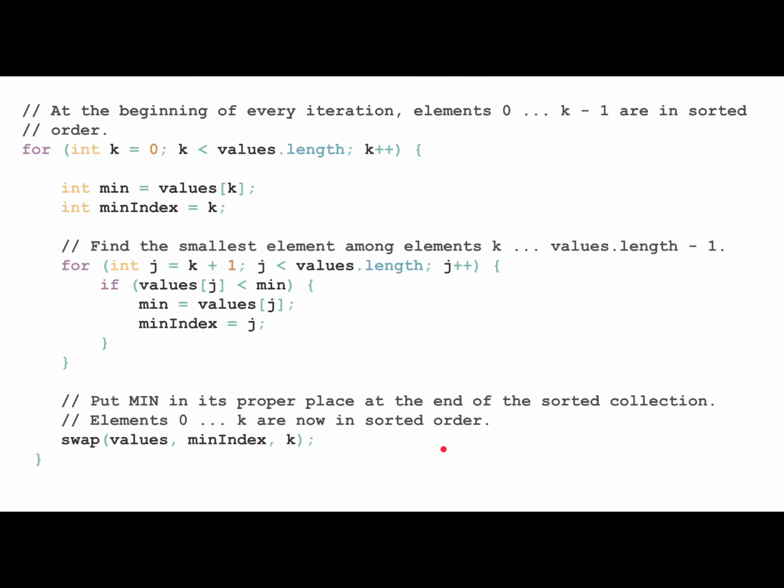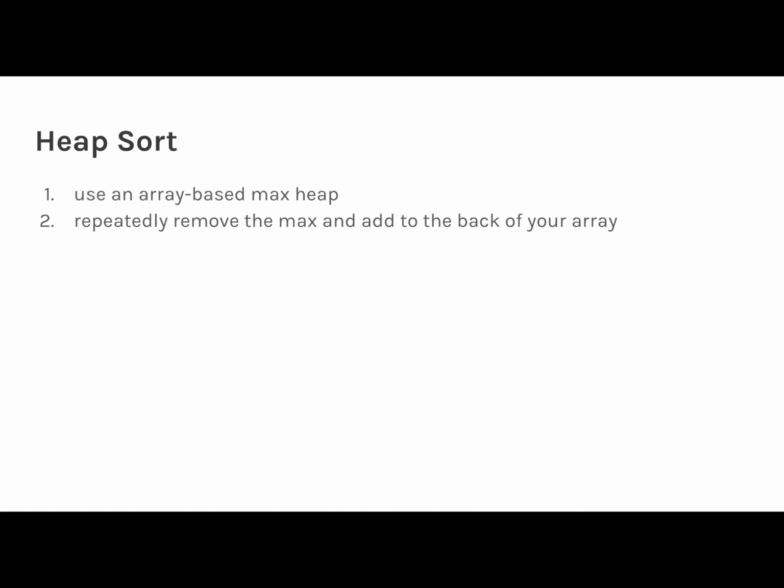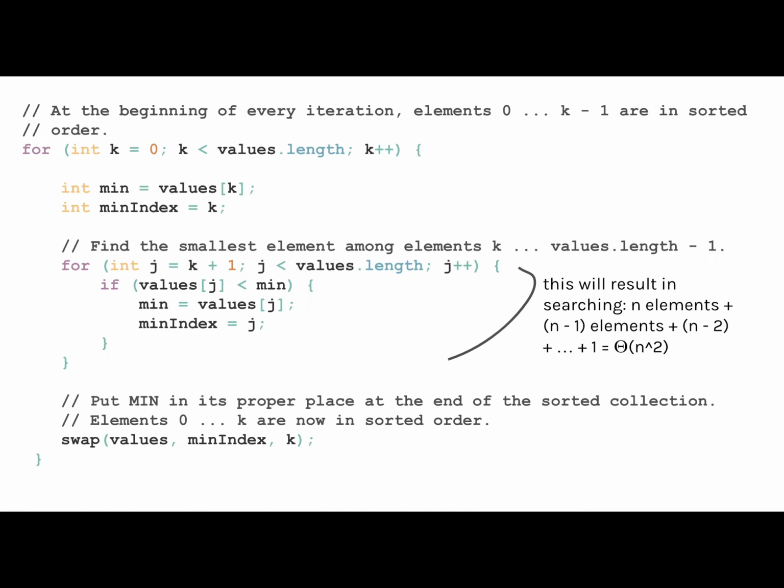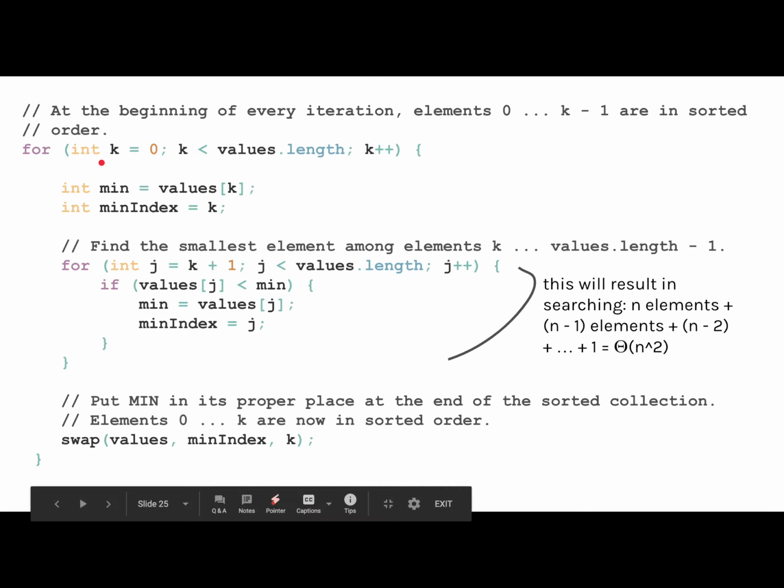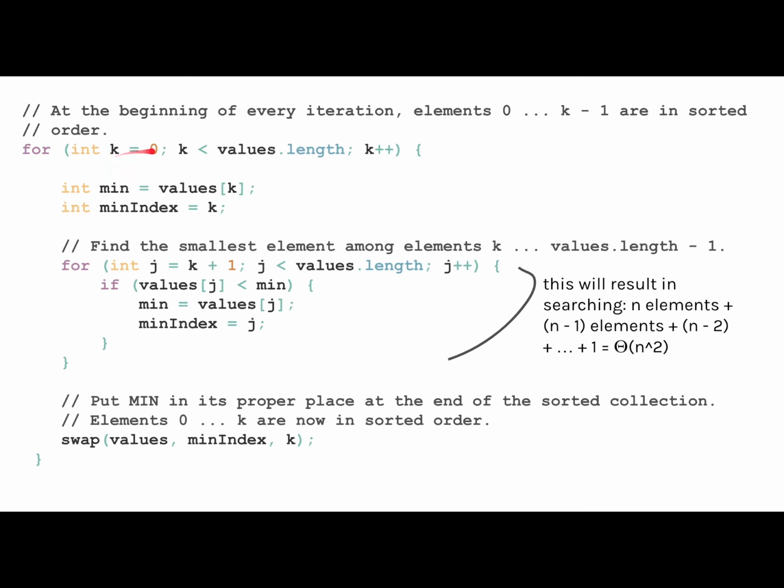And here is the code. This is the actual code, which is essentially the same idea as the pseudocode. I'm going through all the values, and I'm finding the smallest element, where k starts from 0 and goes to the length of the array n.